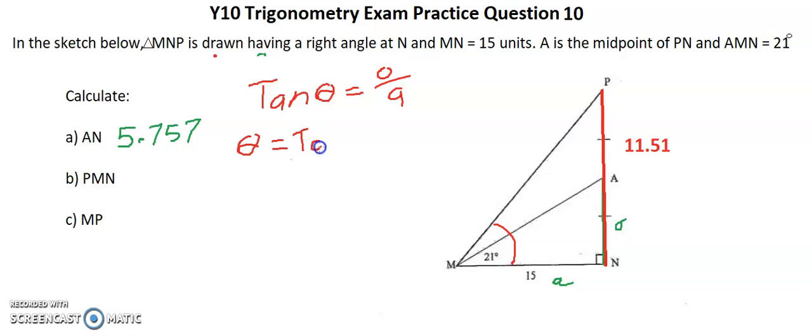So the inverse of tan, I know my opposite is 11.51, and I know my adjacent is 15. So that gives me the angle of 37.5 degrees.